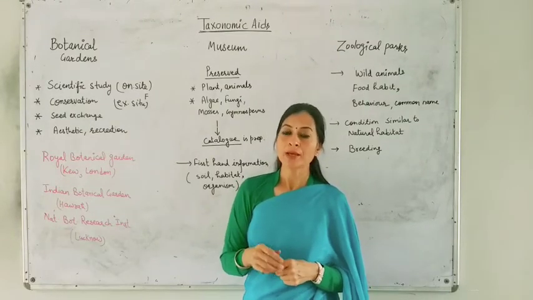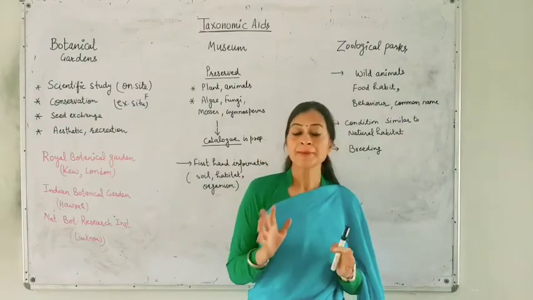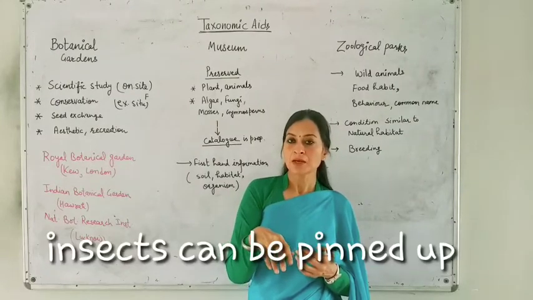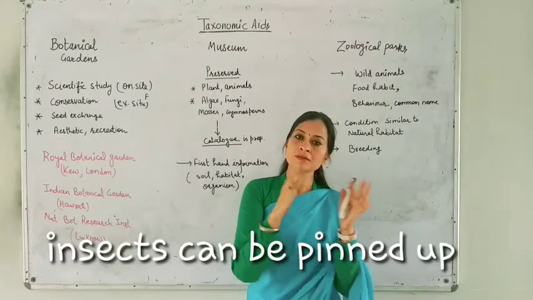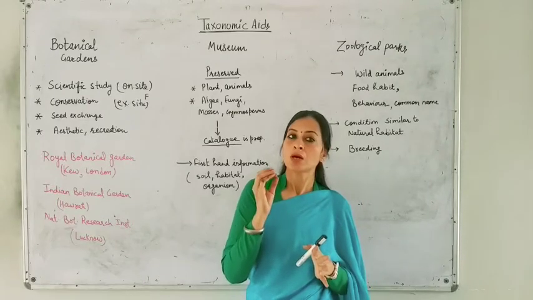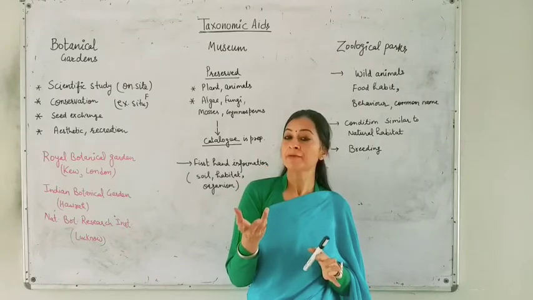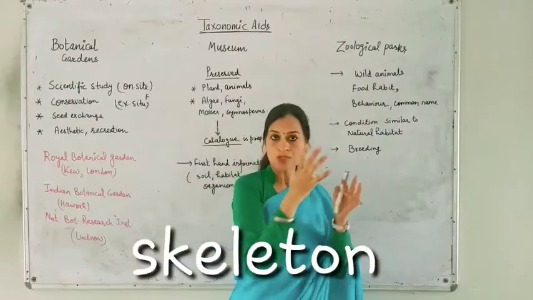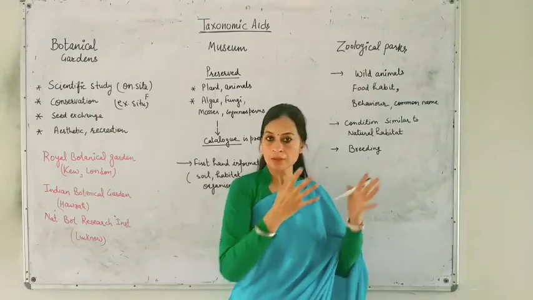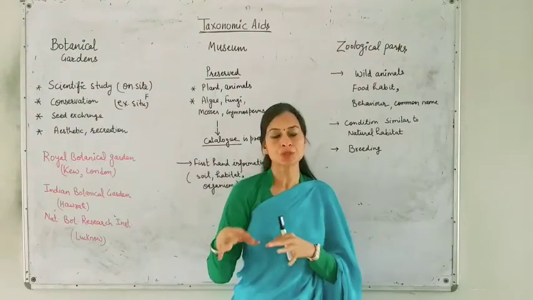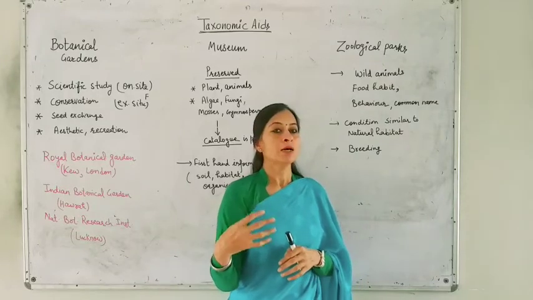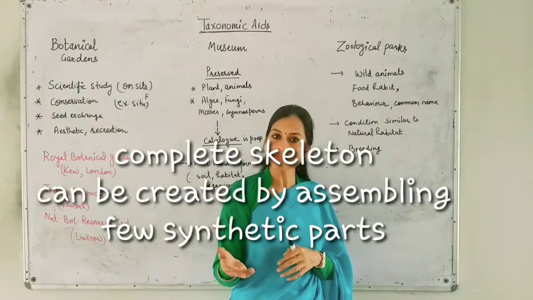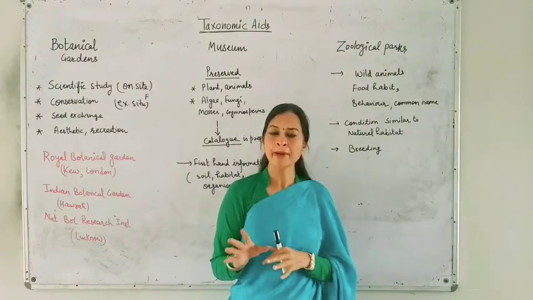In case we keep insect specimens, they can be pinned up or kept in chemical jars. If we have some skeleton parts, like bones, then the parts which are not available at that time can be prepared artificially by the scientists, and then a complete skeleton can be maintained there.